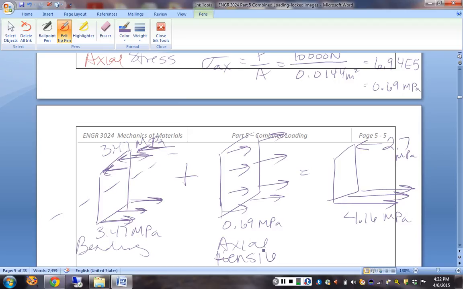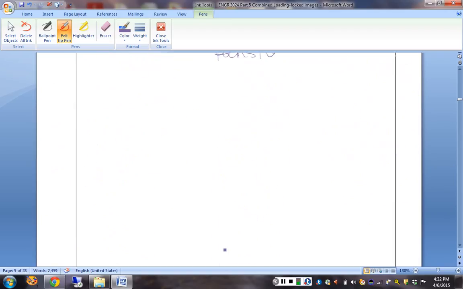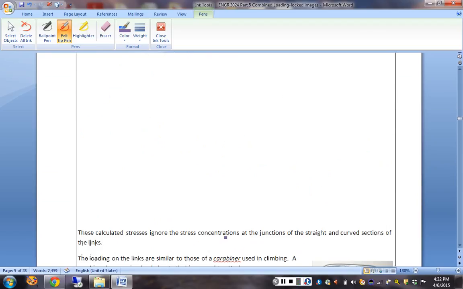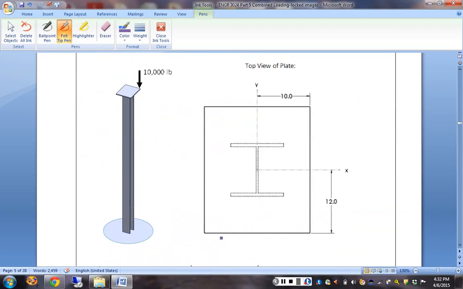So I'm actually going to skip the chain link one and fast forward to the I-beam post one. All right. So sort of similar to me pushing down on this desk, we have an eccentric load on the top of a plate that's up on top of this I-beam.